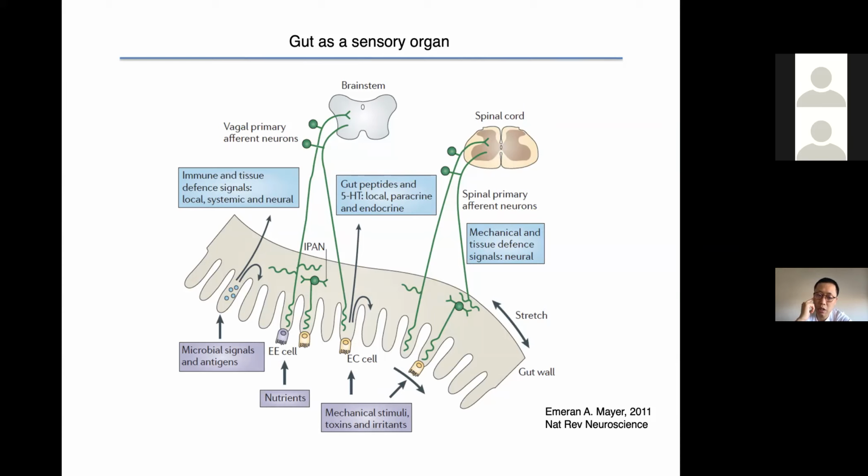As I listed here, like microbiome signals, antigens, and mechanical stimulations, these signals make first contact with the intestinal epithelial barrier, and then they can be transduced or translated into different signals, including chemical signals and neuronal signals, which pass along through different nervous systems into both the local interneural network and then the central nervous system to control both intestinal physiology and systemic physiology.